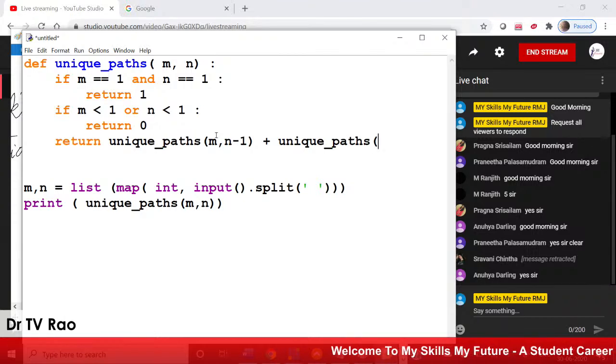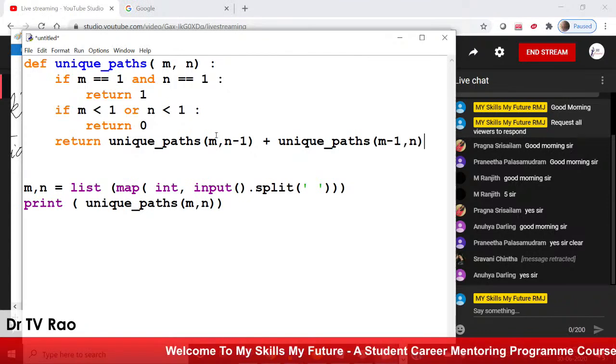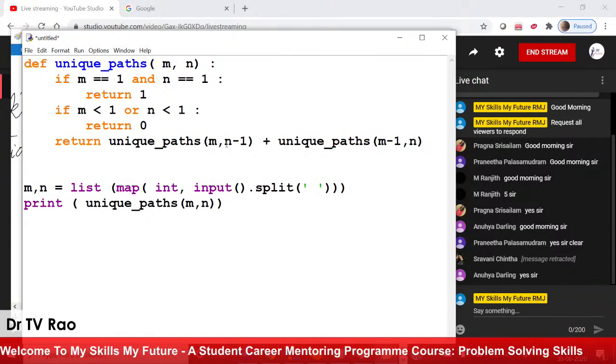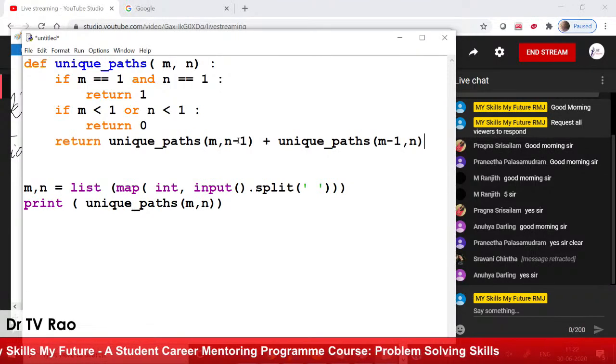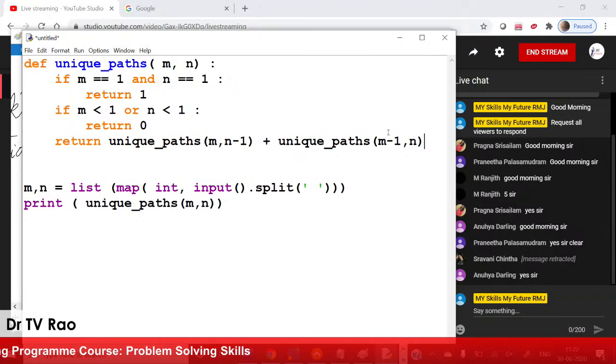Going right, sorry, and going up. Okay. Is this clear? In the same row, going left. In the same row, going up. Okay.